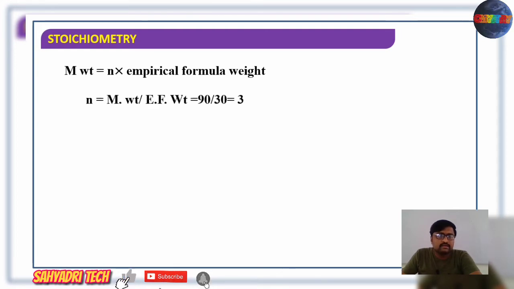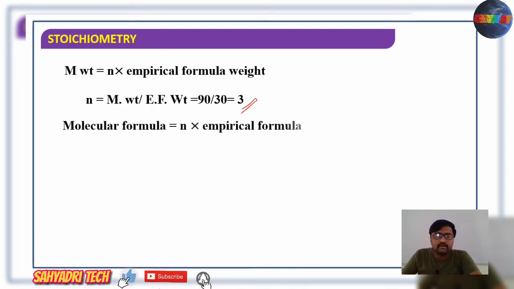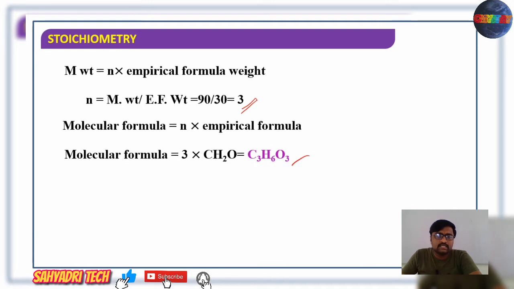So n is molecular formula mass divided by empirical formula mass, so n is equal to 3. Then molecular formula is equal to n times the empirical formula, CH2O into 3, that is C3H6O3. So the third option is correct there.